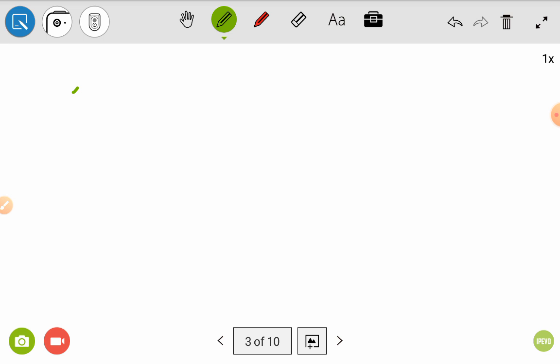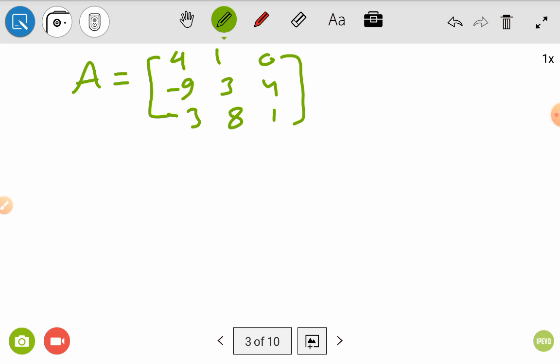If you have A equals 4, 1, 0 in the first row, negative 9, 3, 4, negative 3, 8, 1. The rule is plus, minus, plus. 4, the first element in the first row.